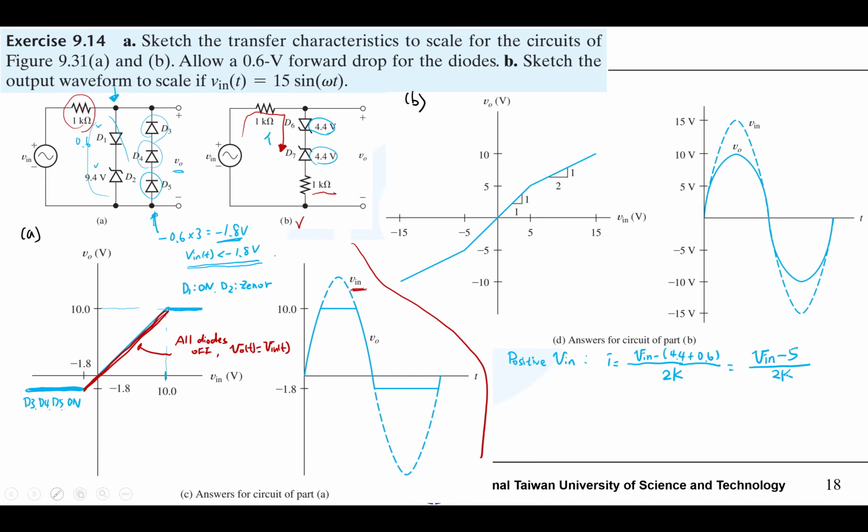Okay, so when the branch is on, at this moment, what is VO? Let's say D6 is on and D7 is in Zener region.